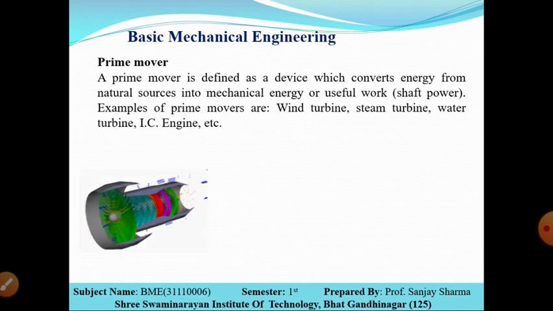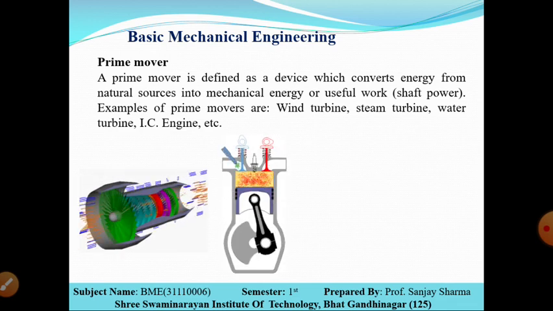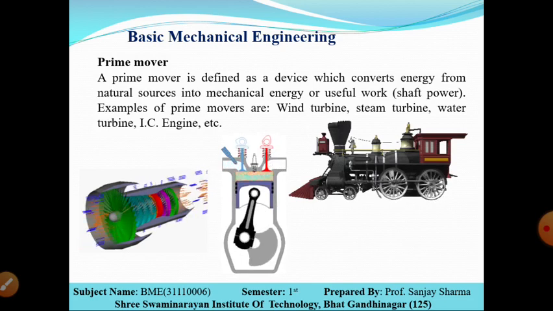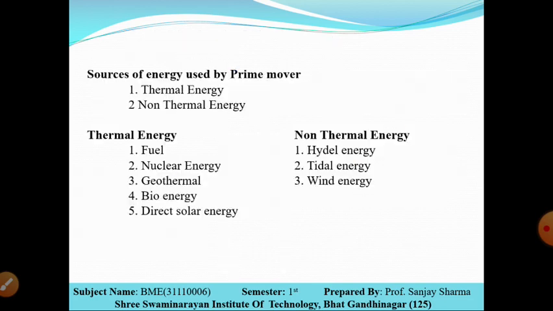These are the different types of prime movers: turbine, IC engine, locomotive. The sources of energy used by prime movers are thermal and non-thermal. In thermal we see fuel, nuclear, geothermal, bioenergy, and direct solar energy. In non-thermal energy, hydel energy, tidal energy and wind energy.